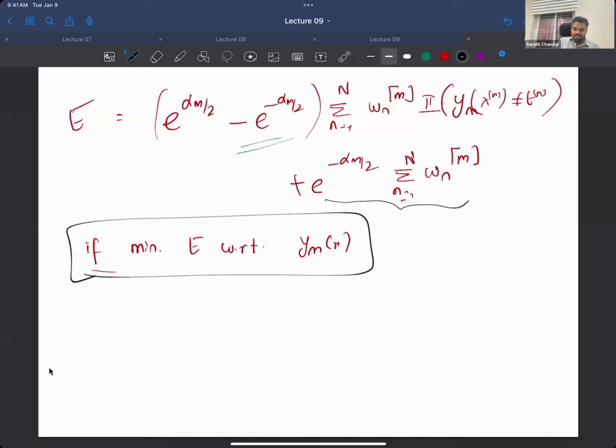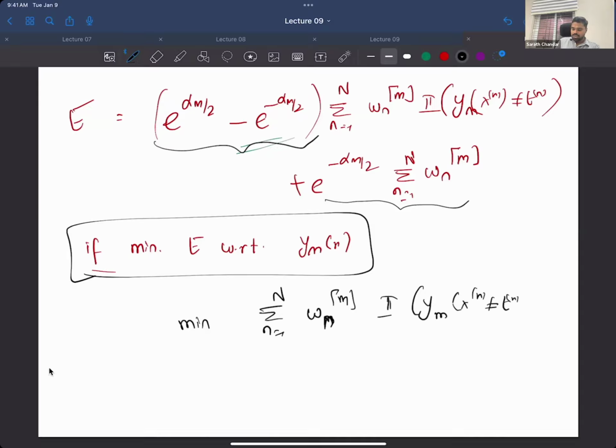Even in the first term, this multiplier is independent of ym of x. Which means if I want to minimize E with respect to ym of x, then I just need to minimize summation n equal to 1 to capital N wn of m indicator ym of xn not equal to t. Is that right?